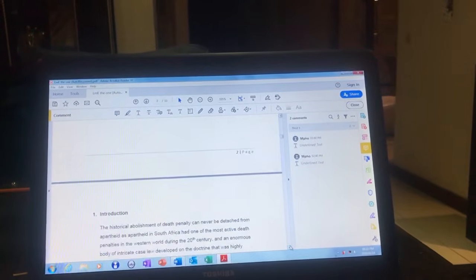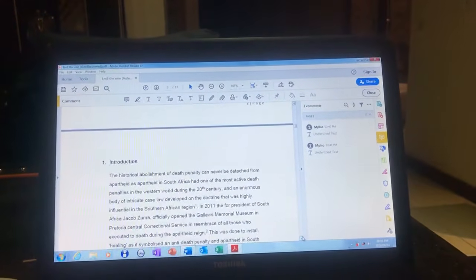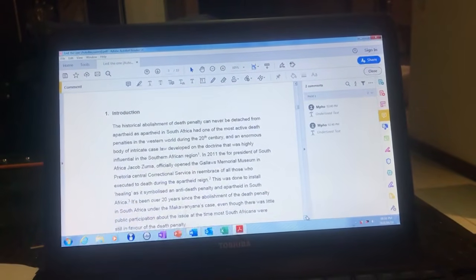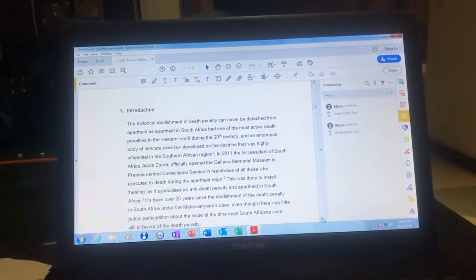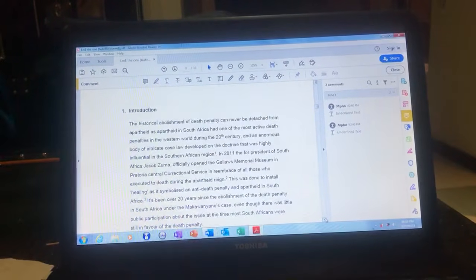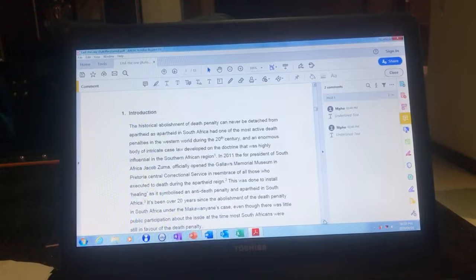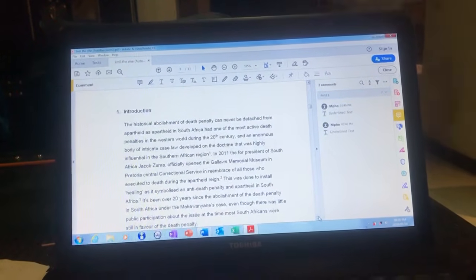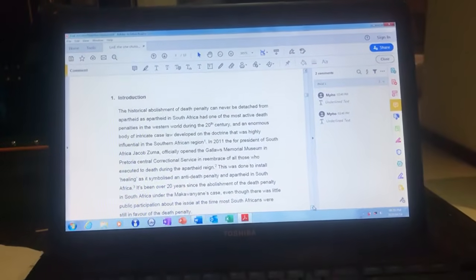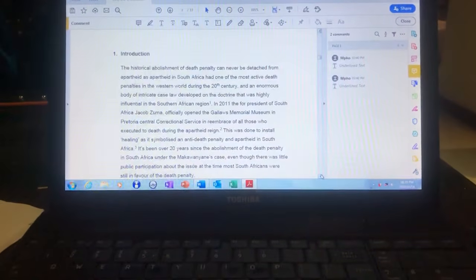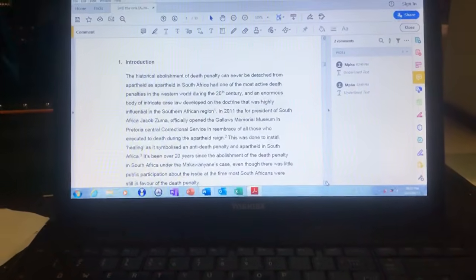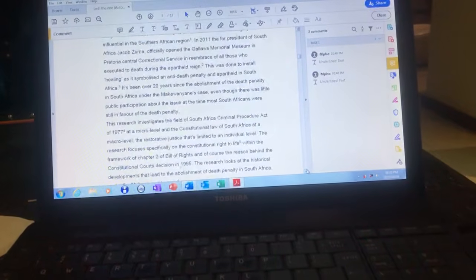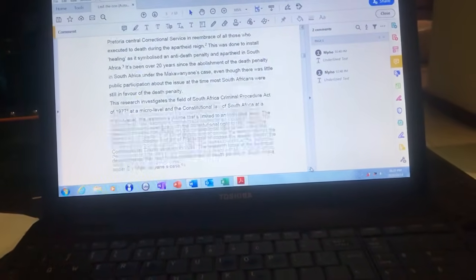The second thing that will come is your introduction. Basically, an introduction, as we all know, must catch the reader's attention, give the context and background on your topic, and introduce the history of your topic, basically where it comes from, the core of your topic. The next section should be your problem statement.